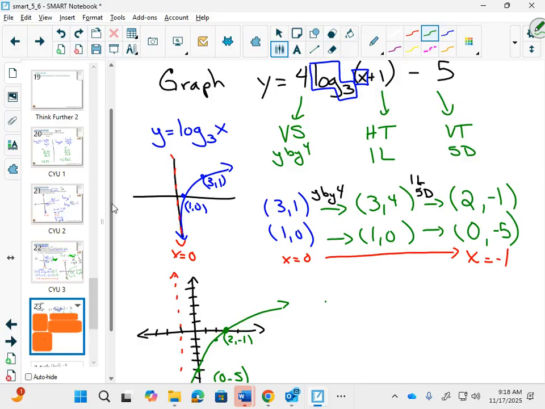Like if I plug in 0 for y, and I solve for x, I would move my 5 over, divide by 4 to get my log by itself.